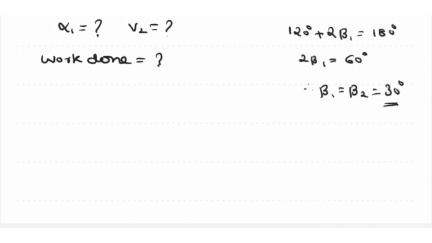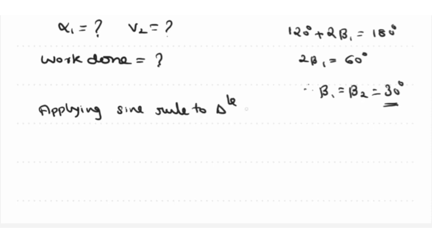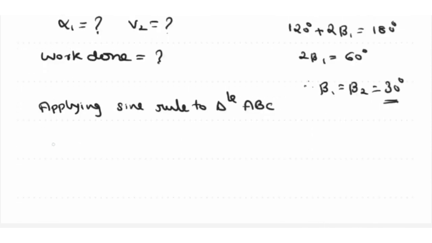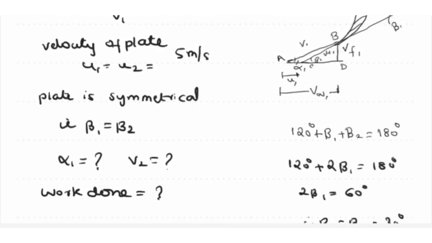So apply sine rule to triangle ABC. So here V1 is known. So V1 divided by sine of, so beta 1 we have calculated as 30 degree.